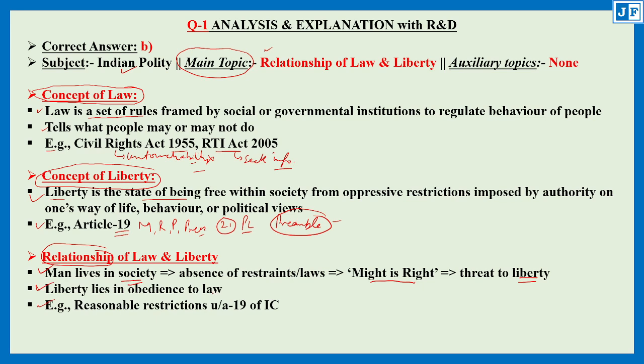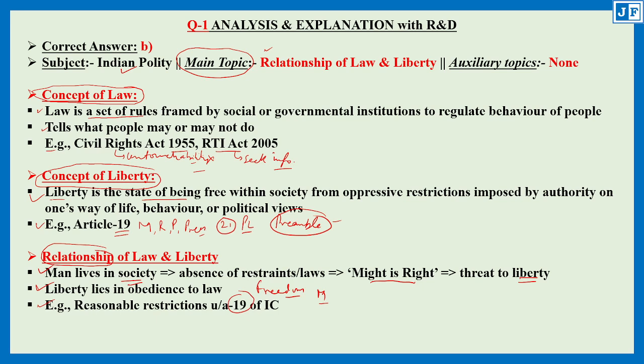For example, Article 19 of the Indian Constitution provides liberty. It is about freedom. It provides freedom of movement, freedom of residence, freedom of profession, freedom of speech and expression.